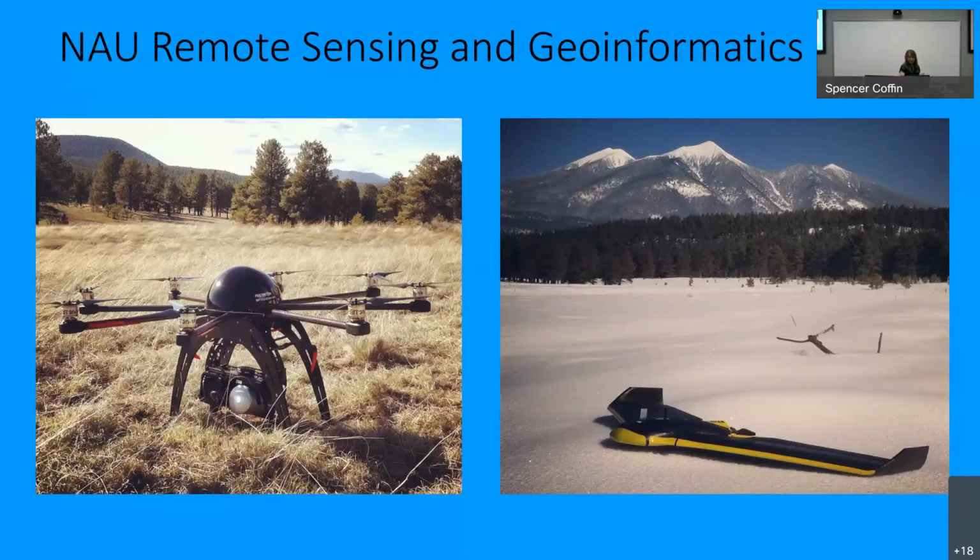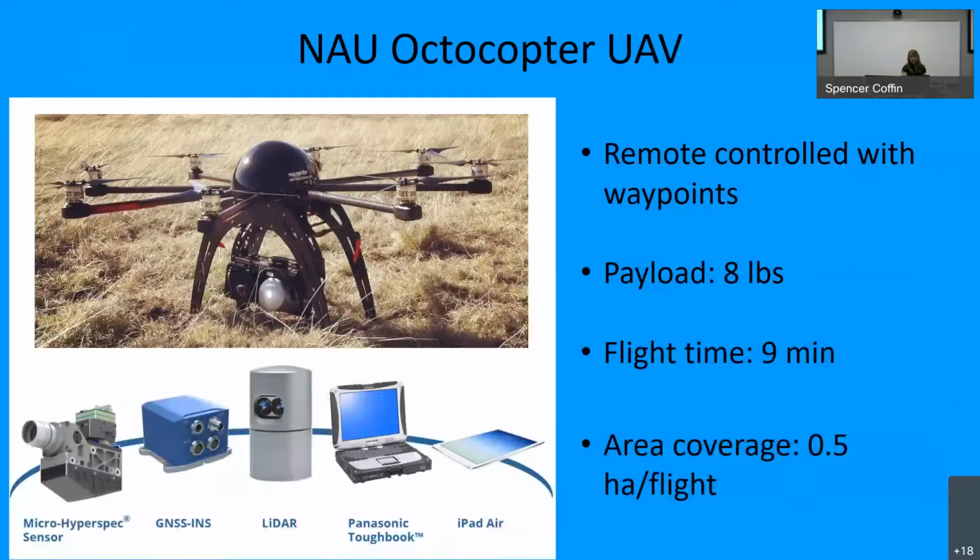First, I'm just going to talk about the octocopter UAV. So this platform was custom engineered for my lab because I wanted to deploy on this platform a hyperspectral sensor that has about 200 or so spectral bands.